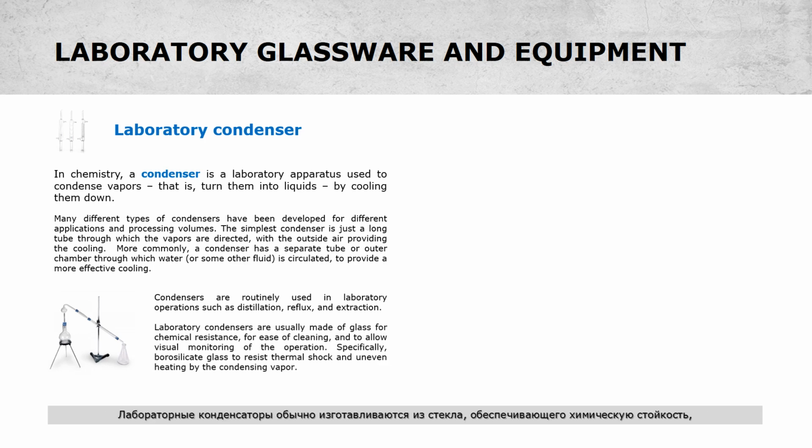Laboratory condensers are usually made of glass for chemical resistance, for ease of cleaning, and to allow visual monitoring of the operation. Specifically, borosilicate glass to resist thermal shock and uneven heating by the condensing vapor.